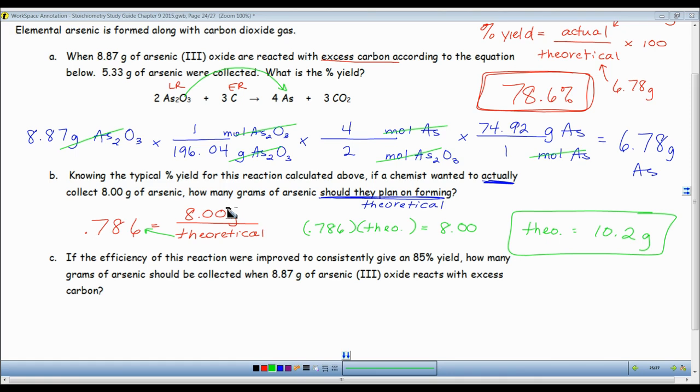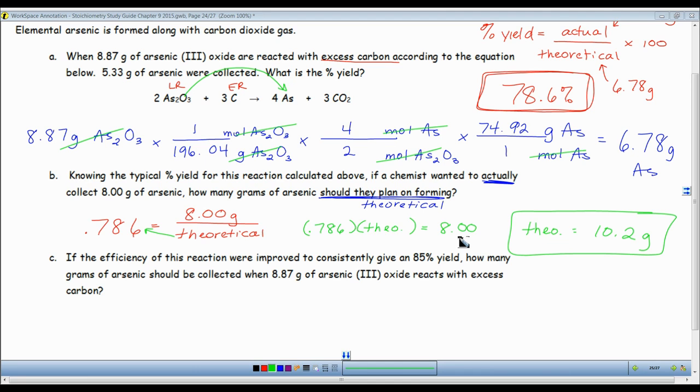In this case, I need 8 grams, but I have to take into consideration that I'm going to lose a little more than 20% of that. So we need to plan on forming about 20% extra. So if we plan for 10 grams, knowing that I'm going to lose about 20% of that, I would actually be left with 8 grams. That's what they have to do in the real world all the time.